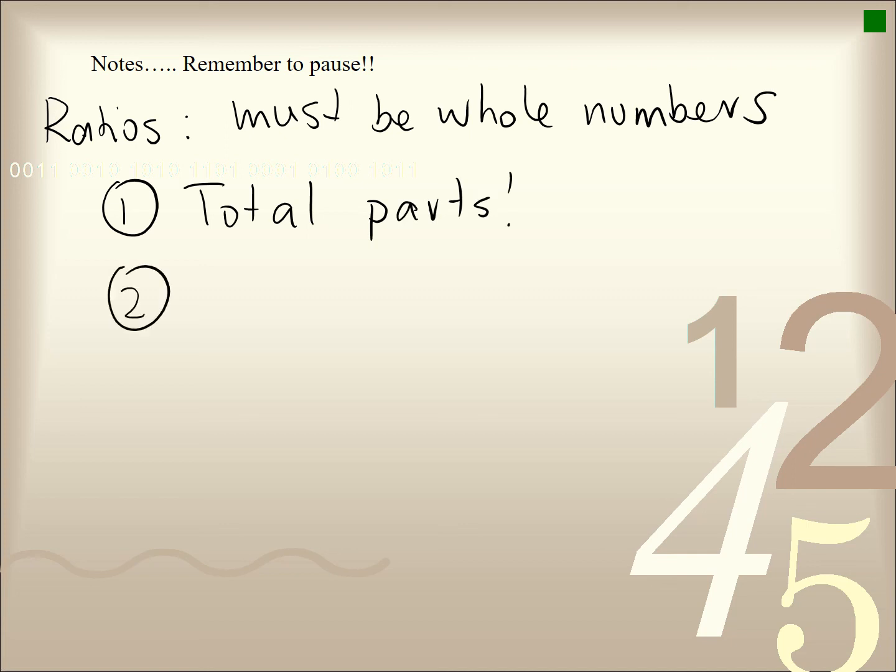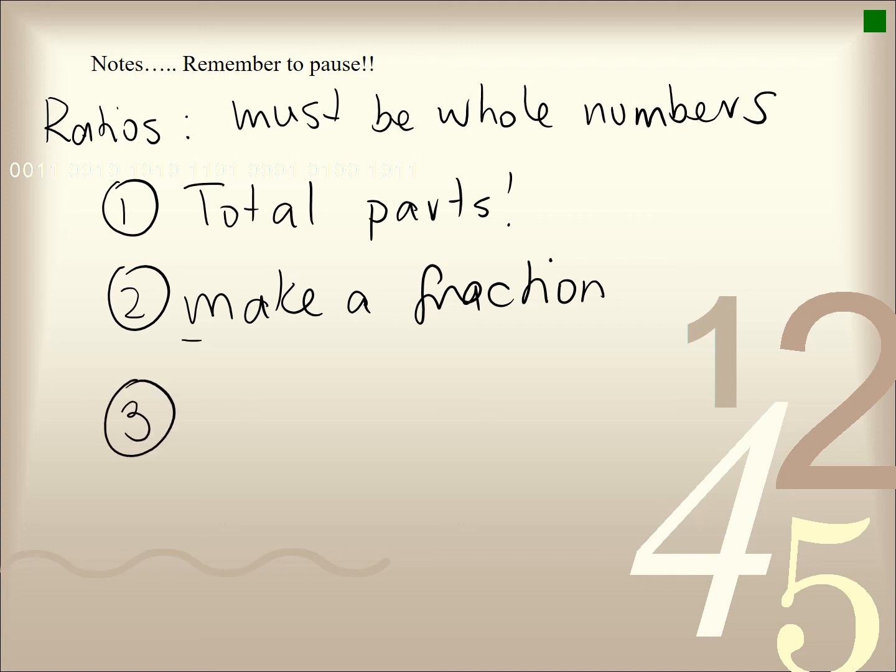Then you make a fraction, with the ratio piece over the total parts. And the third thing is, if you're wanting to share, you just multiply by the amount you're given.